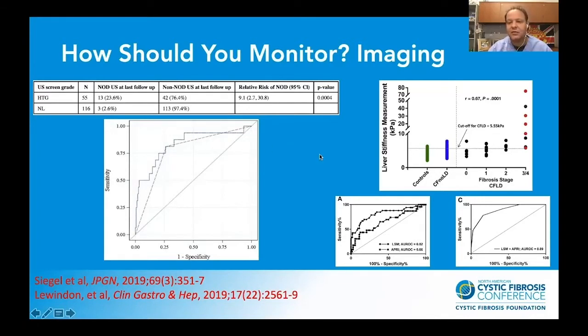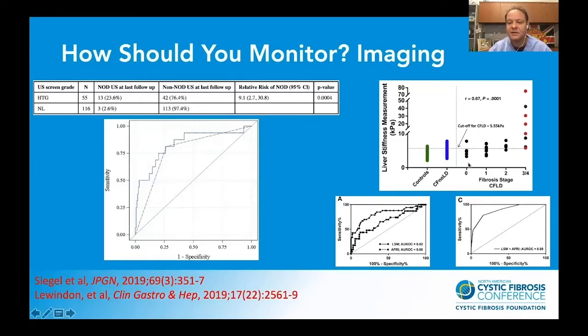In the study on the right, which is a combination of the group out of Australia, Peter Lewindon and Grant Ramm, with Daniel Leung and his group in Houston, they looked at controls with those that had no liver disease and those with CF liver disease that had biopsies, and looking at the liver stiffness as measured by vibration-controlled transient elastography or FibroScan.